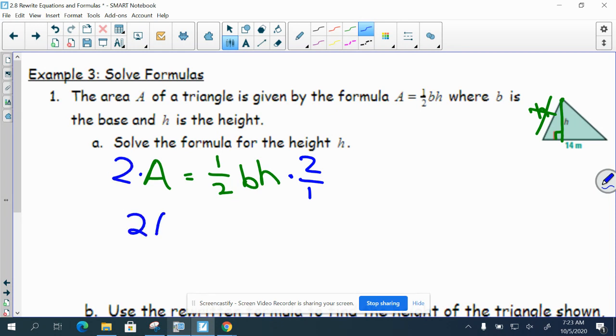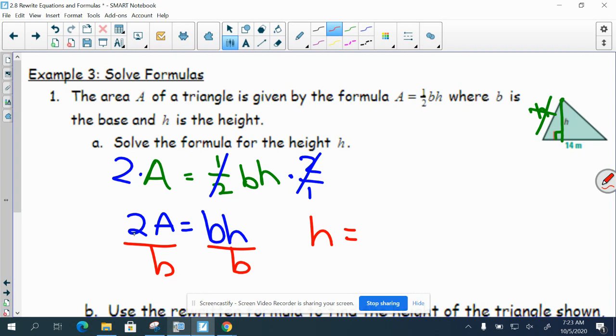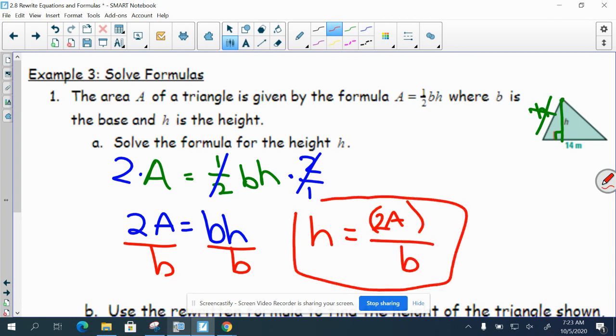So we have 2a equals, and then 1/2 and 2/1 cancel because they're reciprocals, equals bh. And then just divide by b. So you have h equals, and then you're going to want to put 2a in parentheses like we talked about at the beginning. So 2a over b. That would be your formula solved for h.